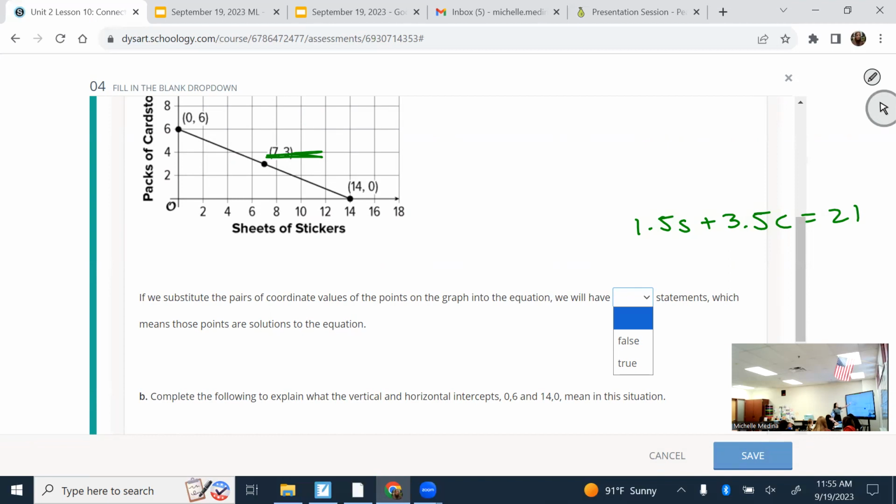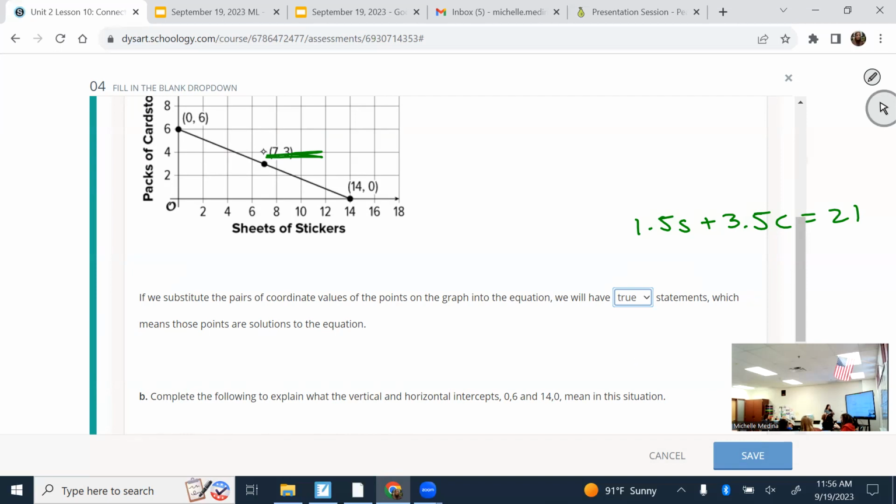We plug in points that are on the line into this. Would it make it true or false for it to be a solution? Good. For it to be a solution, it would have to make the equation true. So even without doing the math, I could tell you that. Plus visually, they're on the line, so that's also a way that you can tell. If they are points on the line, then it would be true.